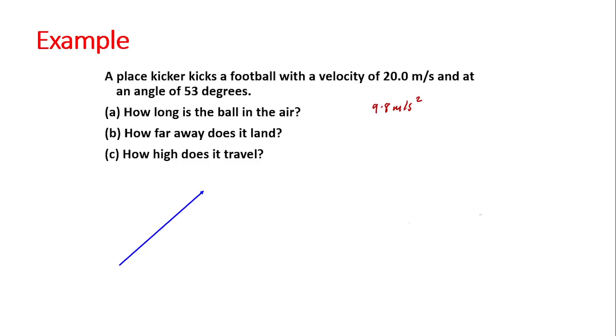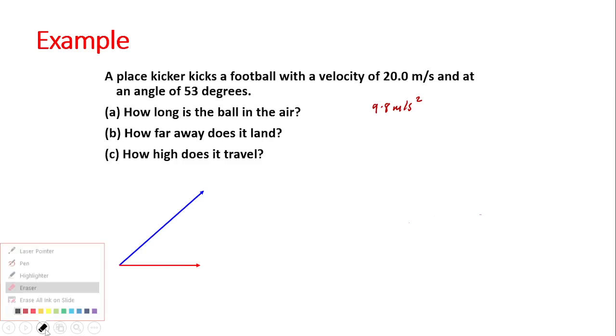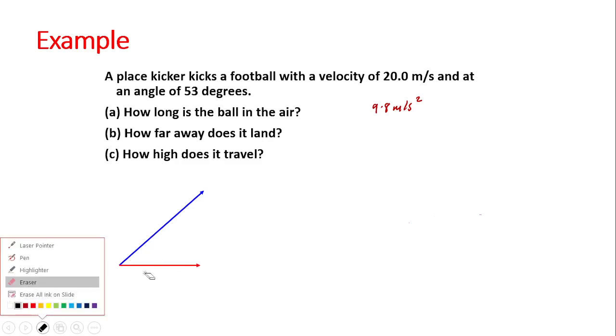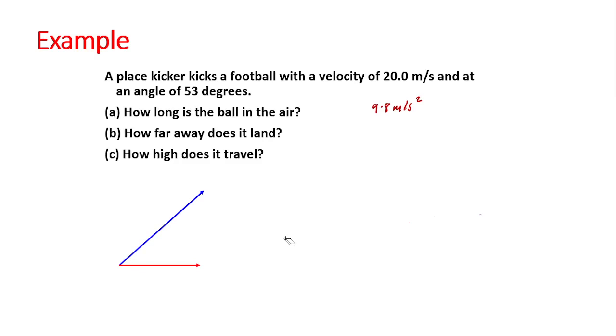Now, this vector here is the resultant. That resultant in blue has the x component and the y component. The x component is in red and the y component is also in red. The velocity was given to be 20 meters per second.